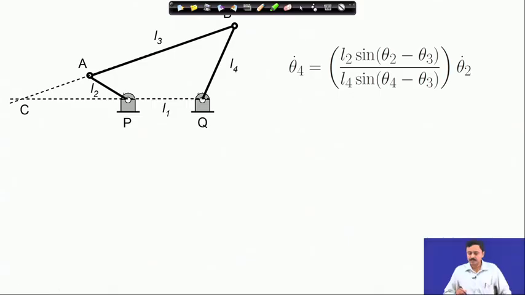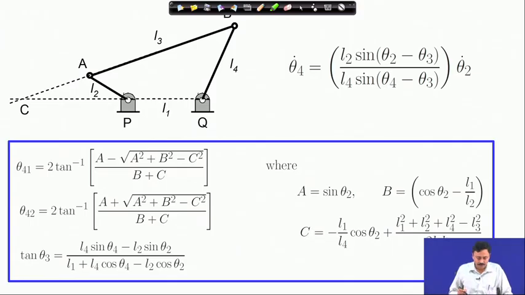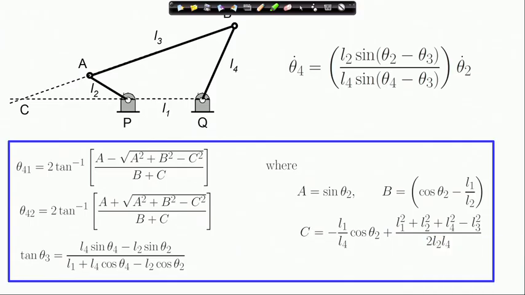Thus, we have this relation: theta 4 dot is this ratio times theta 2 dot. And just to recapitulate our displacement analysis problem, just now I was mentioning that given theta 2, I can solve for theta 4.